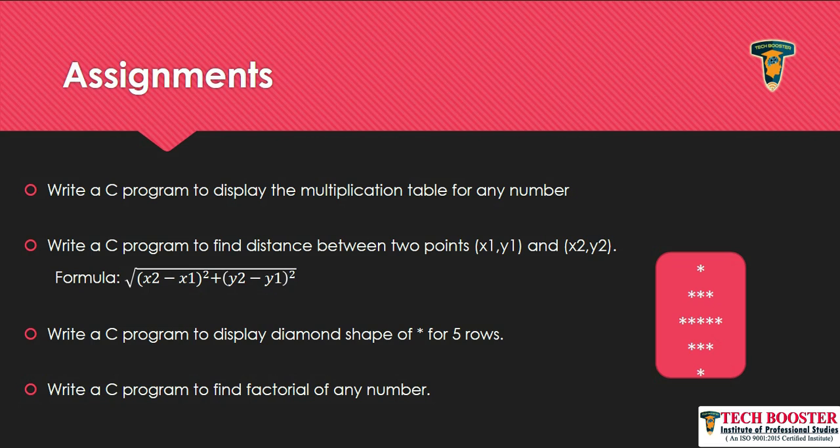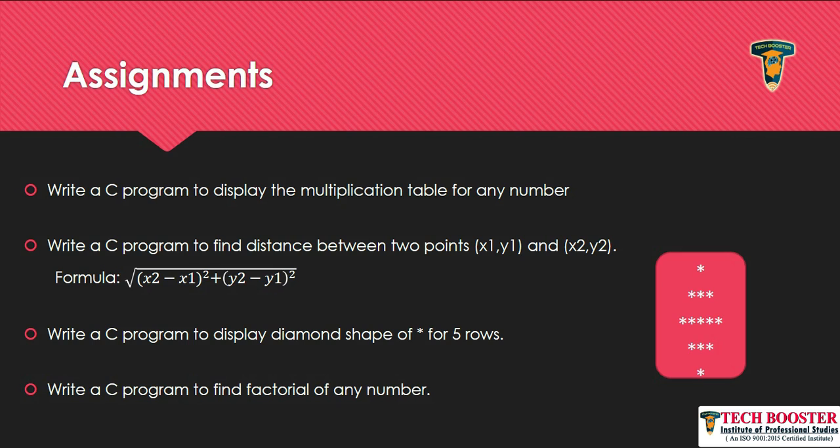So here initially we'll consider 2 different loops. Using my first loop I will design my first 3 rows, and using my second loop I will design my fourth and fifth row. If I talk about my design pattern, you can see in my first row I have 1 star, in my second row I have 3 star, and in my third row I have 5 star.